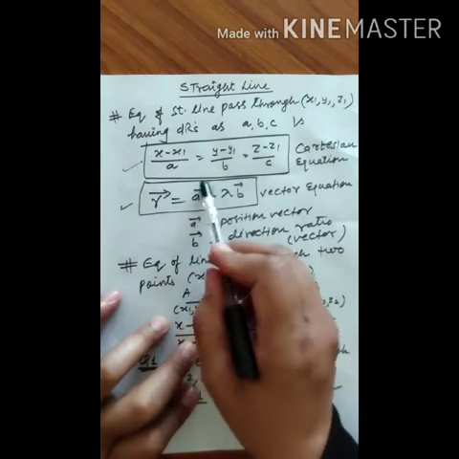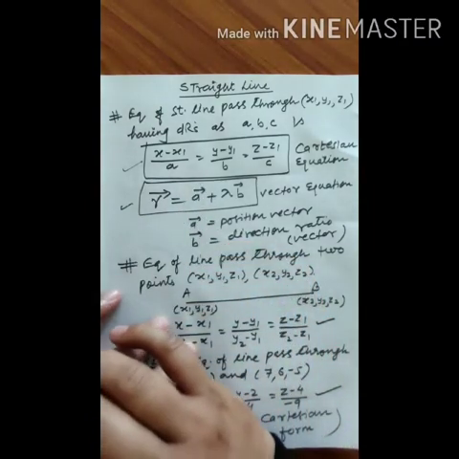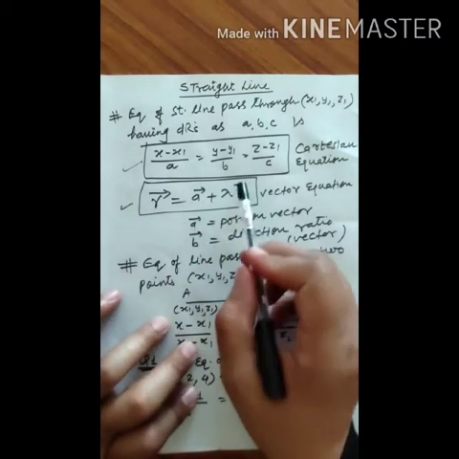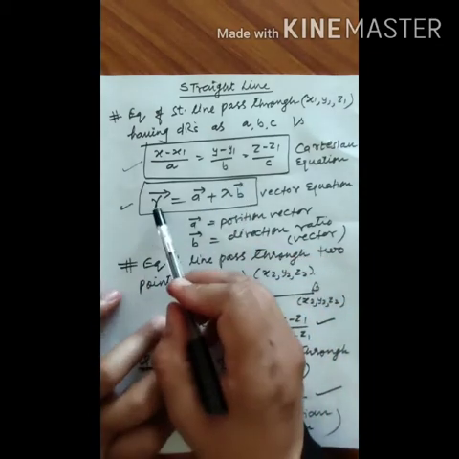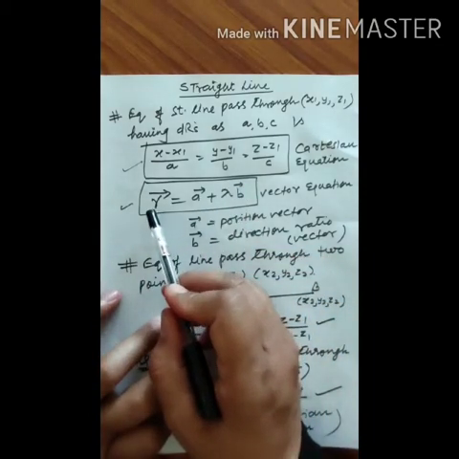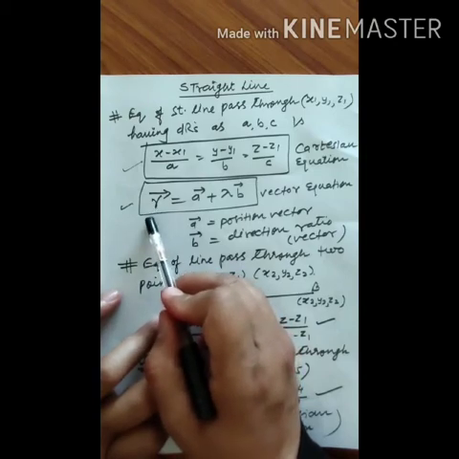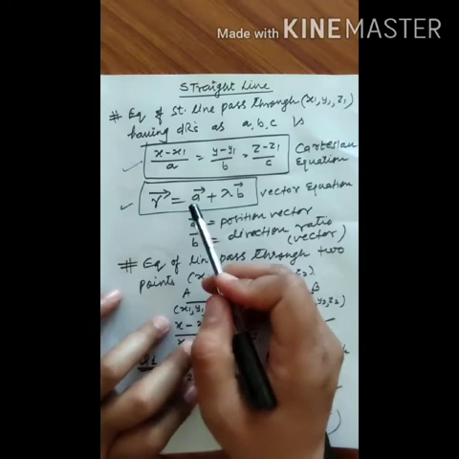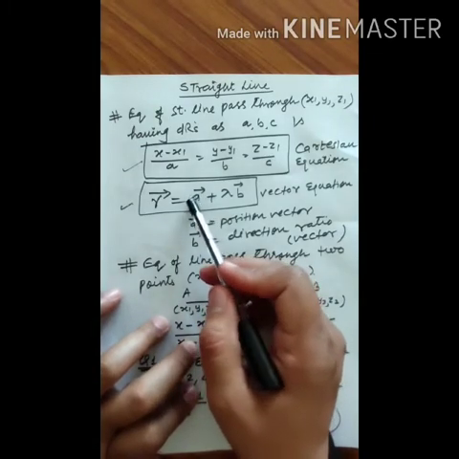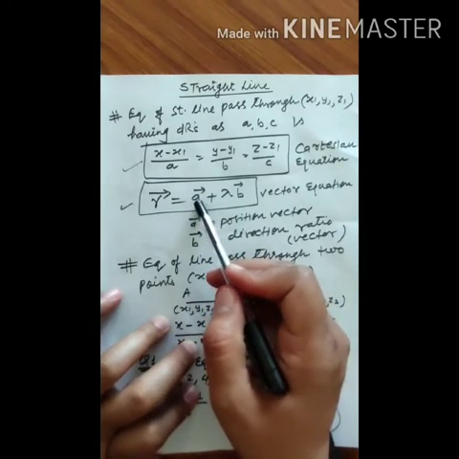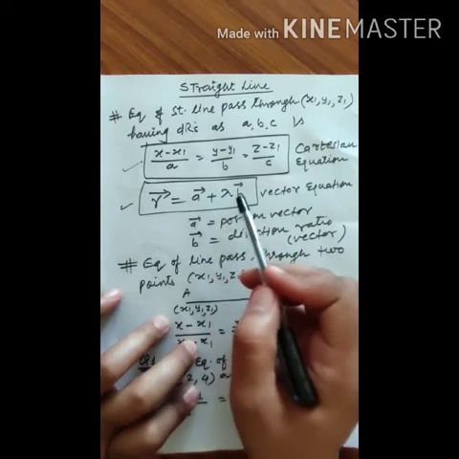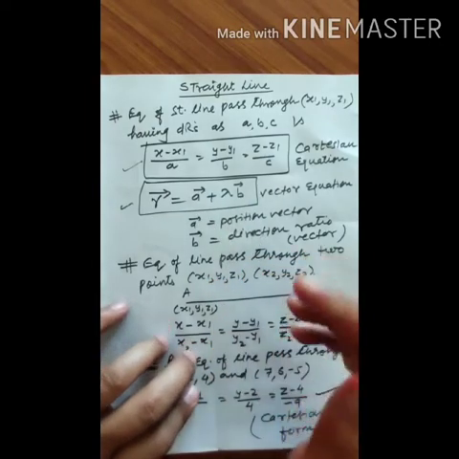In this, A vector represents the point from where the line passes, B represents the direction ratio, and R represents the coordinates. That is, R vector will be x i cap plus y j cap plus z k cap. The position coordinate A will be given in the question, and B is also given in the question.